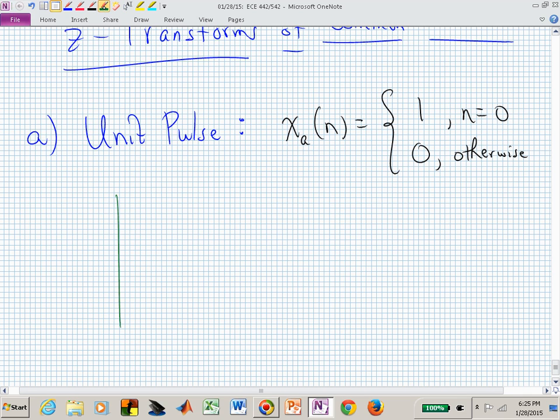If I ask you to sketch that time domain waveform on an exam, could you maybe succeed? The answer is yes. What would this look like if we were sketching the unit pulse? Let me make sure and get all these numbers on here.